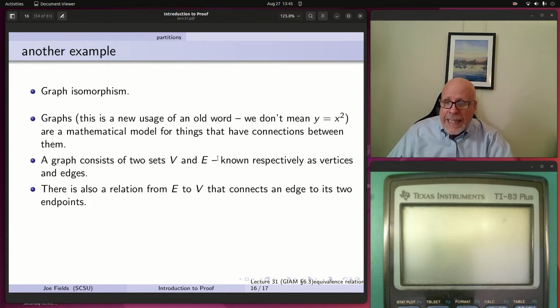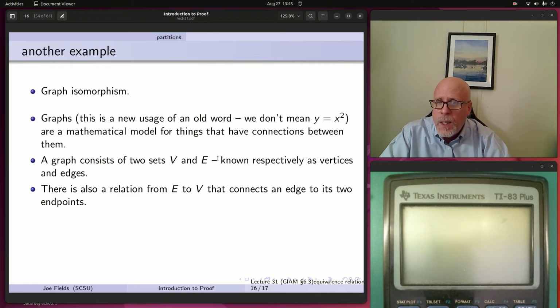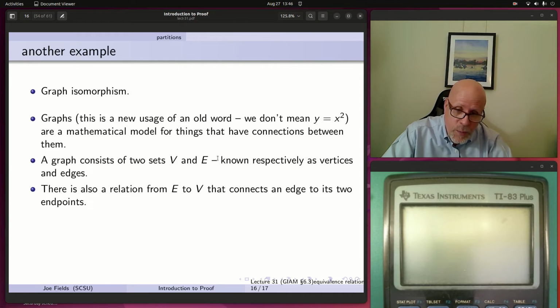There's also a relation that relates the edges to the vertices. It's a relation that connects edges to pairs of vertices, actually. Well, it can be a single vertex. Actually, there's some choices here. We can send an edge to an ordered pair of vertices. That's the digraph situation.